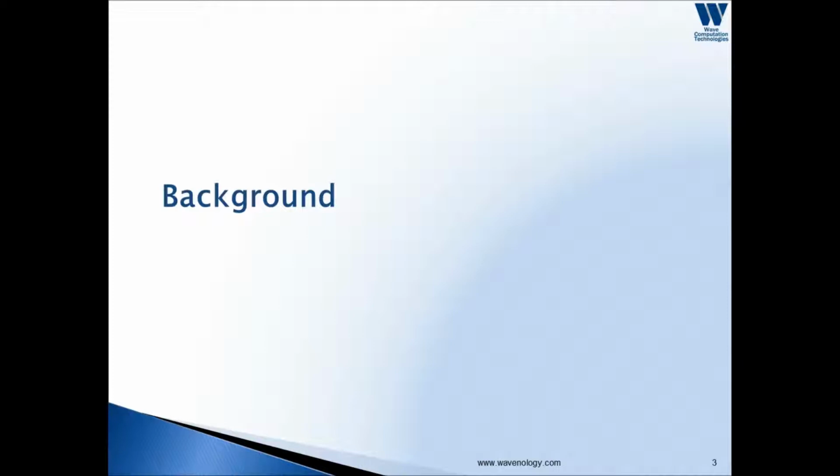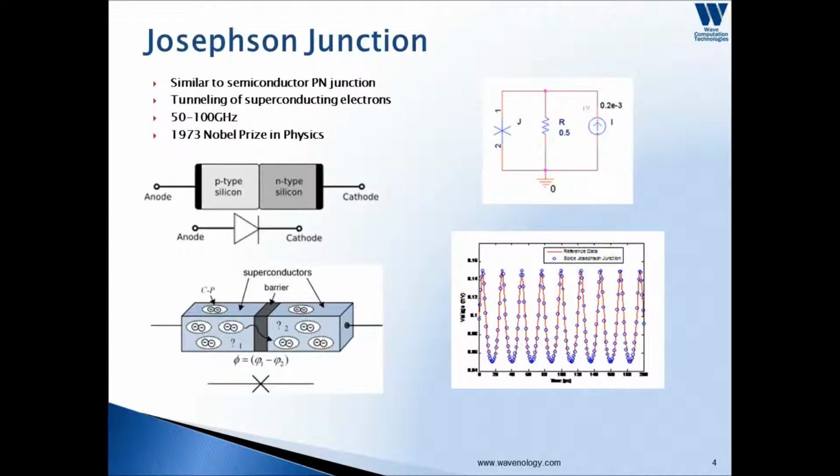So let's get into the first topic, background. When we talk about superconducting devices, the first thing that hits our mind is the Josephson junction. I want to use a good analogy to compare the Josephson junction with the p-n junction. This is a semiconductor device, very well known.